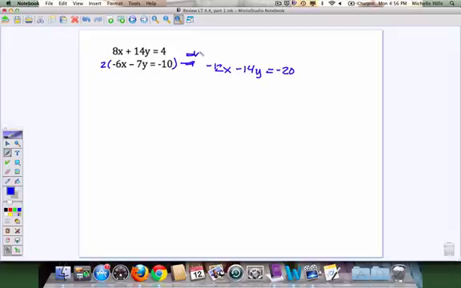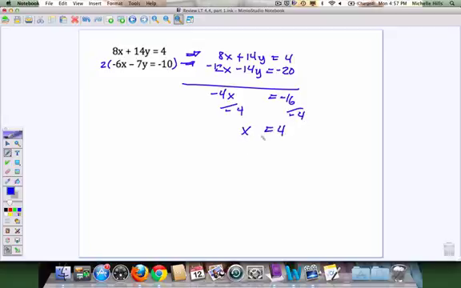Now my first equation is going to stay the same, 8x plus 14y equals 4. Now when I combine these, I get negative 4x equals negative 16. Then when I divide by negative 4, I get x equals positive 4. And I have to go find y.